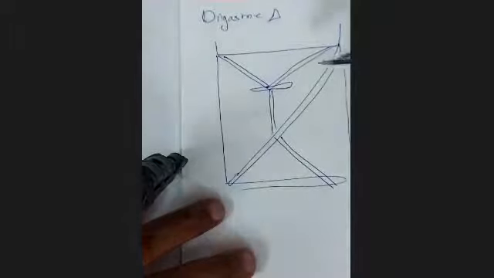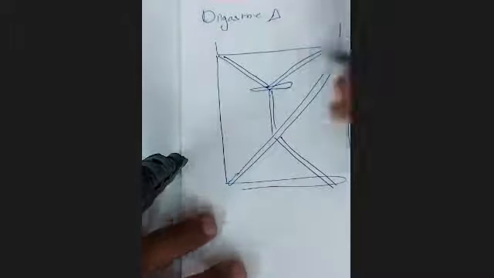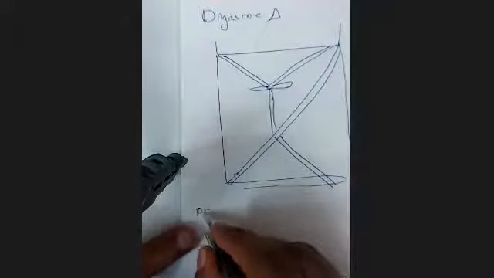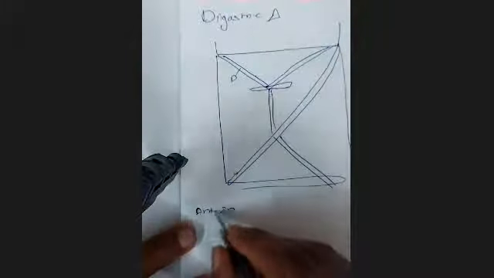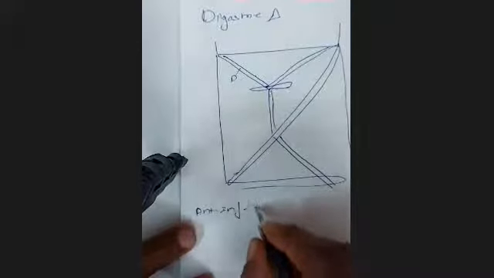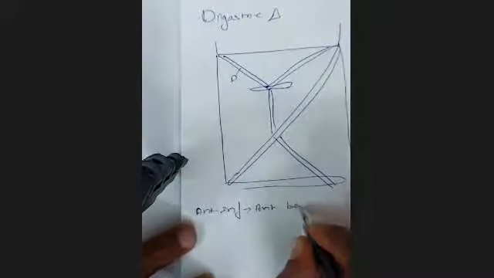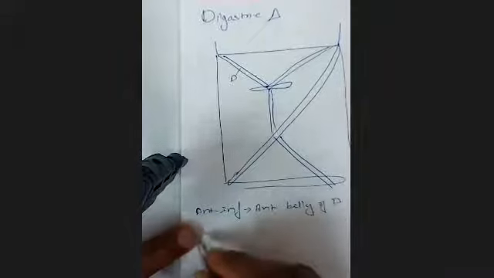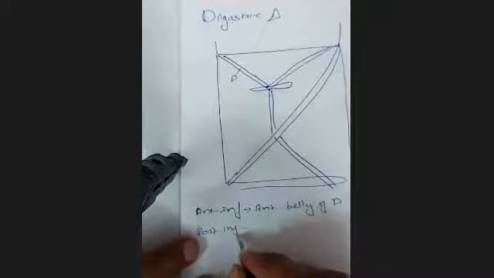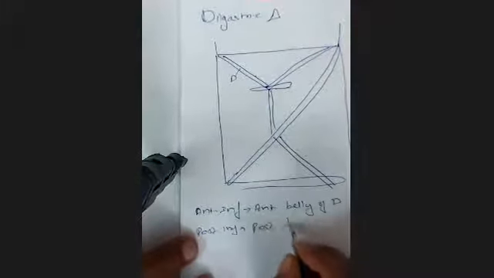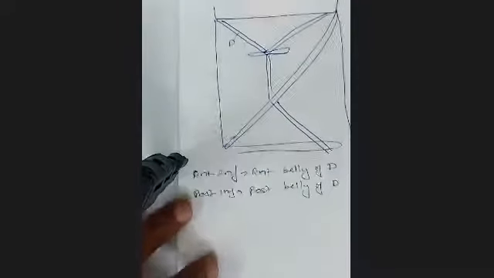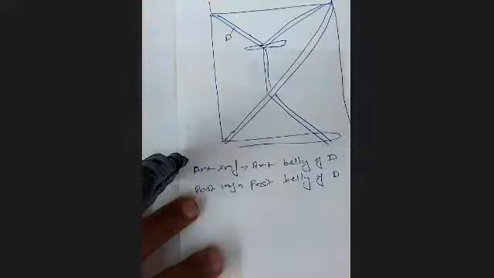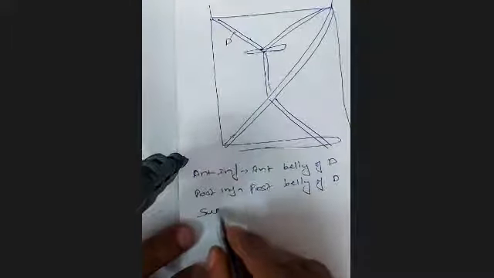So the digastric triangle boundaries: antero-inferiorly is the anterior belly of digastric. Posterior-inferiorly is the posterior belly of digastric.